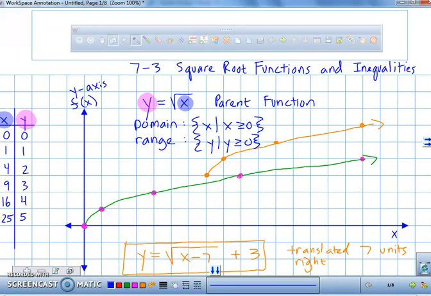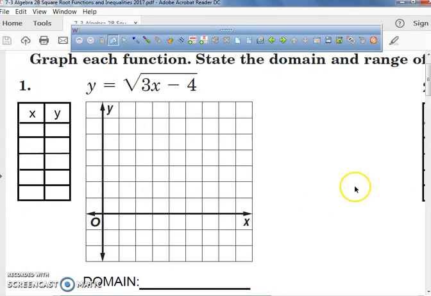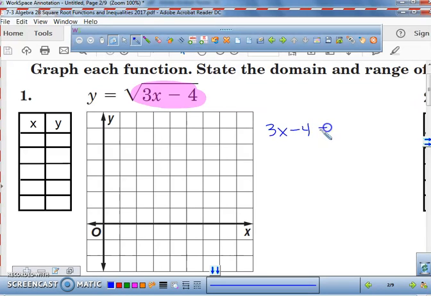Okay? All right, we're going to go to problem number 1 real quick. Show you guys how to find the domain and the range for problem 1 without a whole lot of effort. Right now, I need you guys to set this equal to 0. So right now I'm going to write 3x minus 4 equals 0. You're going to add 4 to both sides. 3x equals 4.